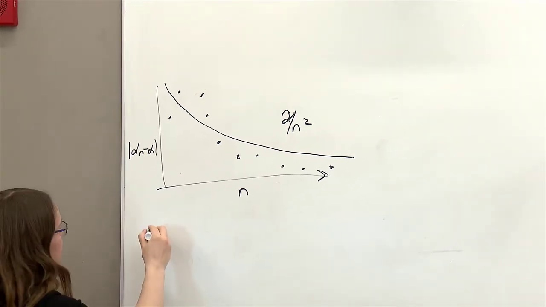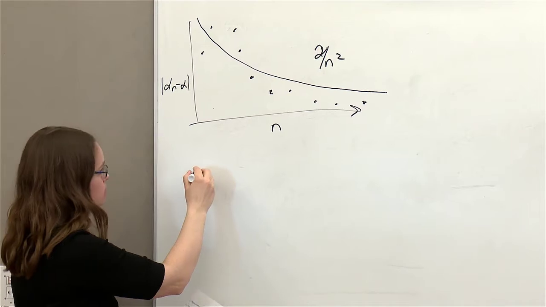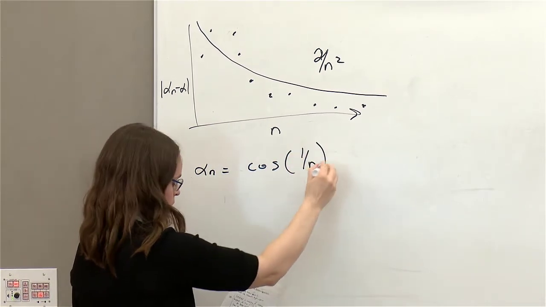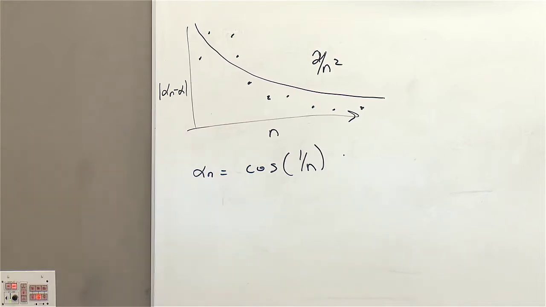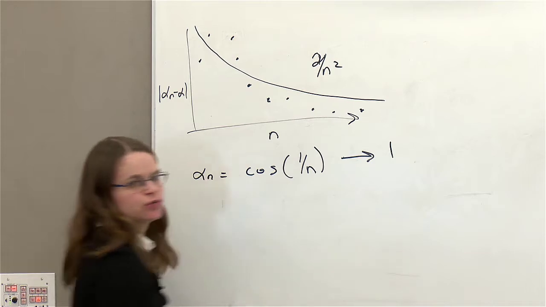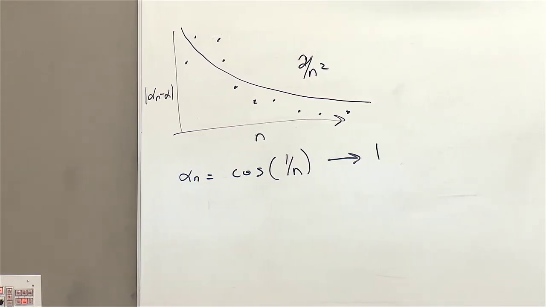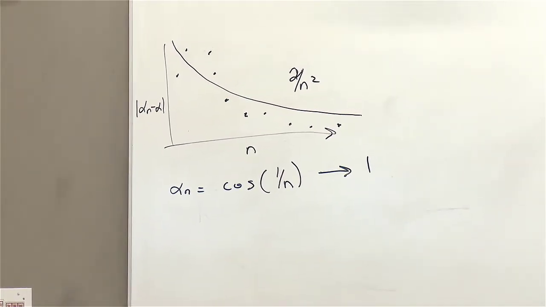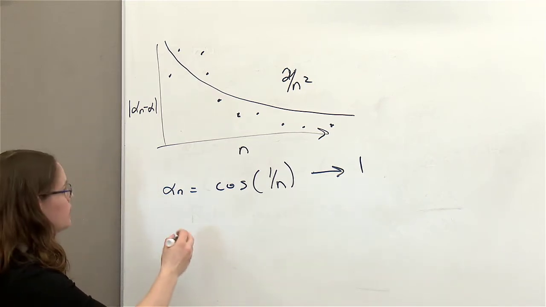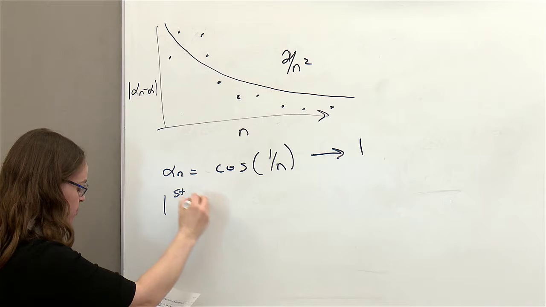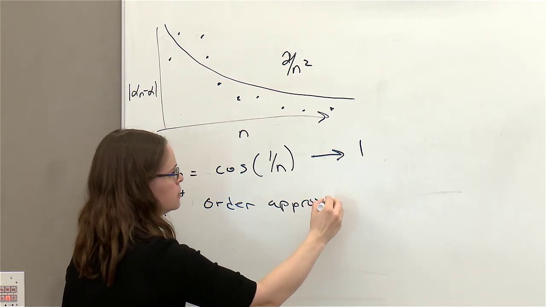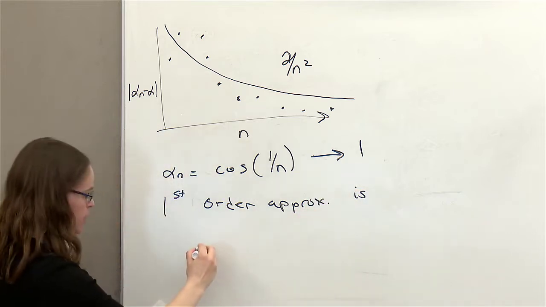Okay, so if we go back to our cosine example, we know that cosine of 1 over n converges to 1. And if we decide to do an approximation of this, we're going to get what?